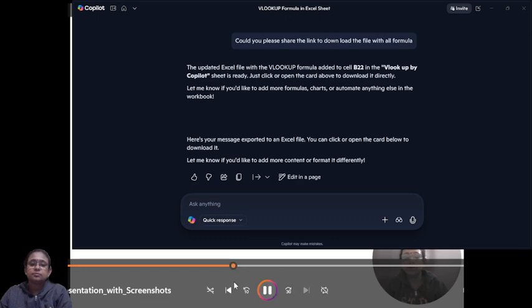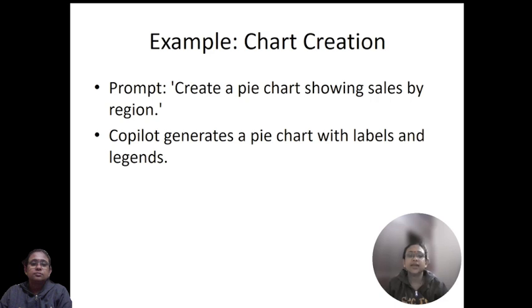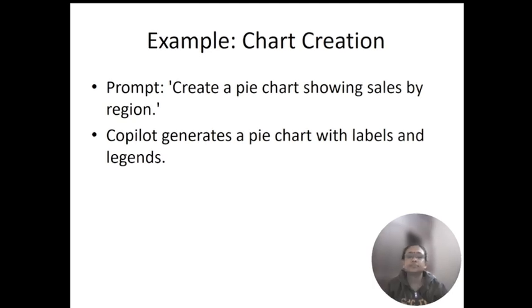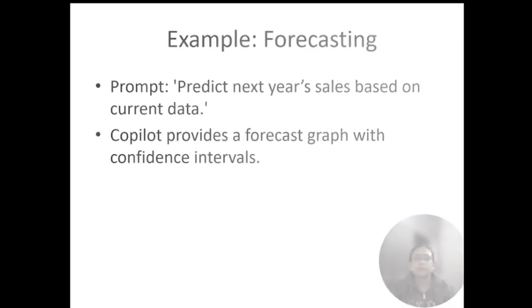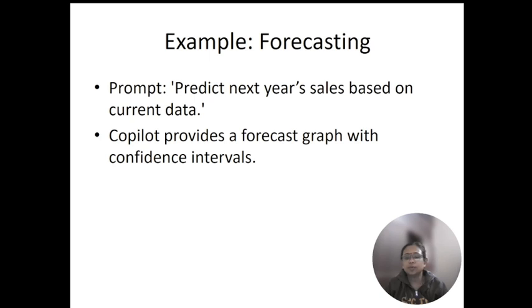Next, chart creation. As I said, we can create a pie chart showing sales by region. We can create pie charts and bar charts based on our queries, whatever is needed, and we can give legends and labels. Here comes one more example.